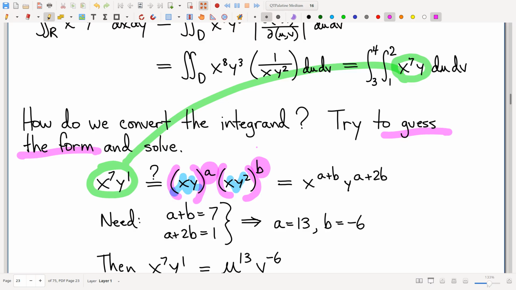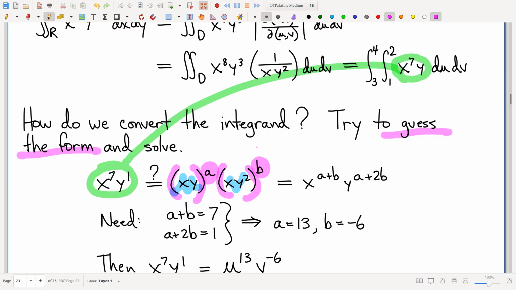Now that's an algebraic appeal. Doesn't that seem reasonable? If I have in blue here products of powers, and then I take a product of powers of those products of powers, I'm going to get a product of powers, and the hope is that I can choose the A and the B so that I can make the resulting product of powers the thing that I actually need.